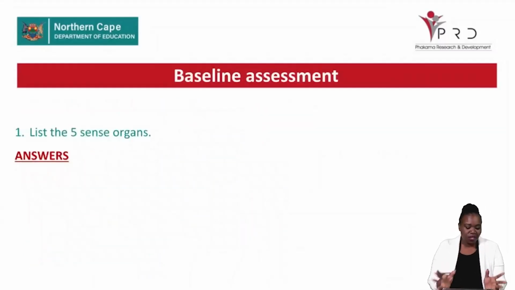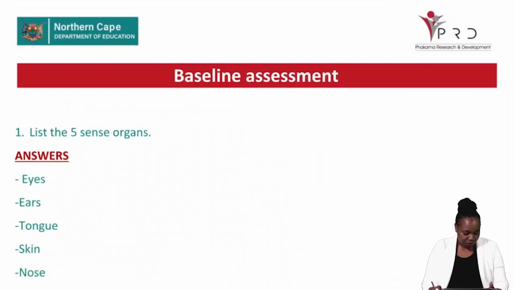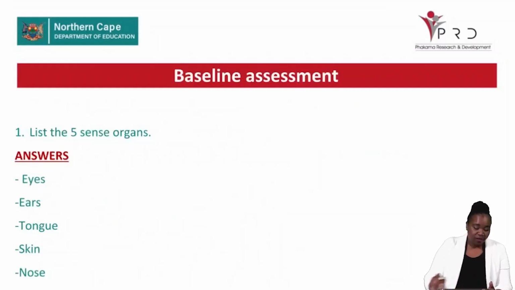All right, let's have a look at a quick baseline assessment before we get into today's lesson. So we have a question here which says list the 5 sense organs. So we have 5 sense organs, which are the eyes, the ears, the nose, the tongue, and the skin, right? So there we have our 5 sense organs.